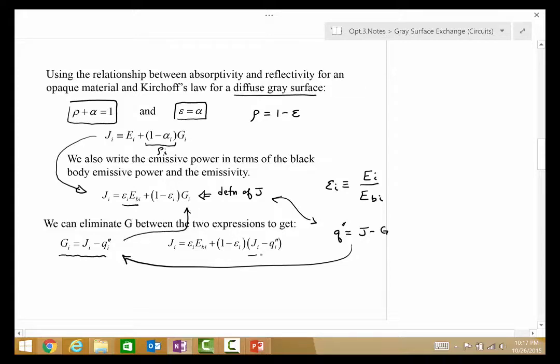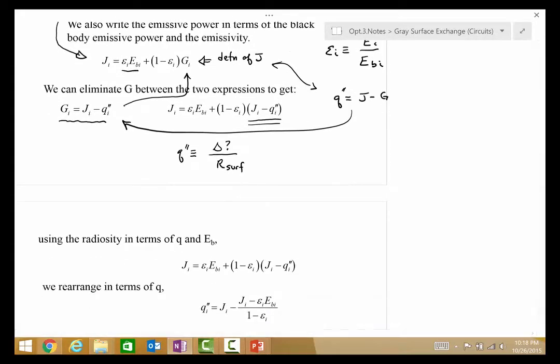And so we substitute G as Ji minus Q. What we're going to do, because we want to come up with a resistance, is we want a relationship that tells us that Q is equal to some change in some potential, which we haven't defined yet, divided by, again, the surface resistance. So let's take a look at what that change in this property is going to be.